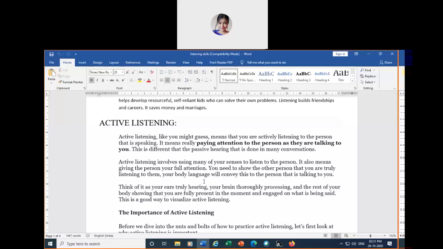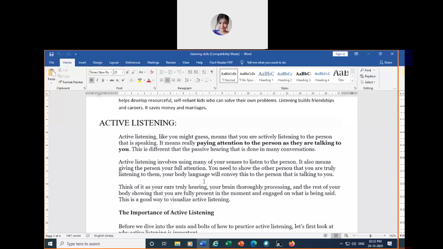So it involves non-verbal communication as well. When you are listening to someone, you should take care of your facial expressions, your body language, your gestures, and your posture.